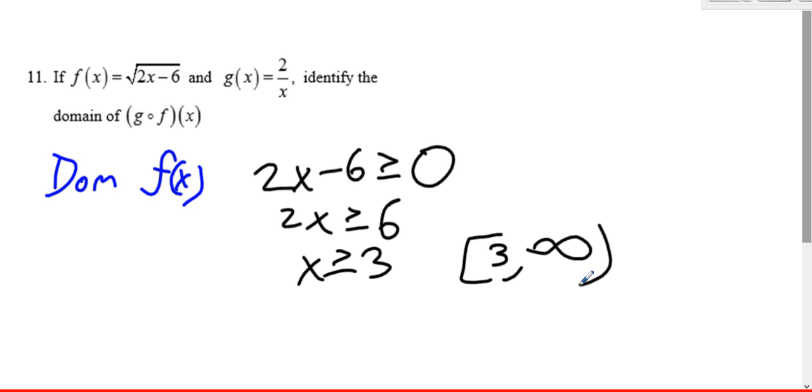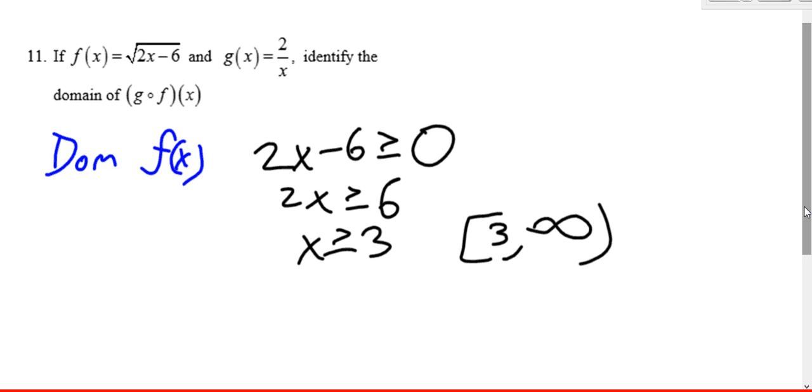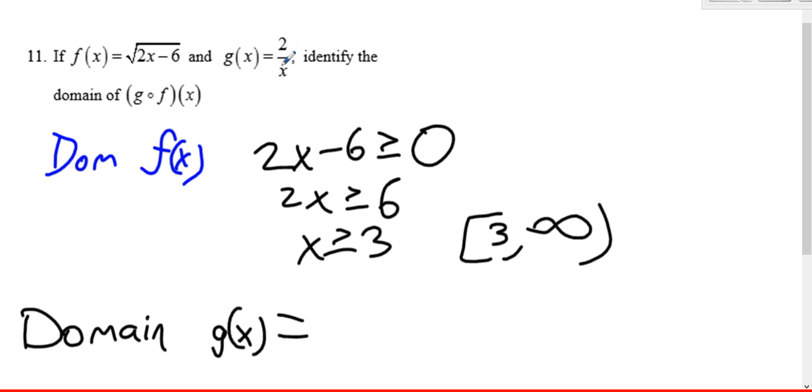We also need to look at the domain of g because we're going to take f and plug it into g. So what is not allowed for g? The domain of g: you're not allowed to divide by 0, so that means the denominator cannot be 0. x cannot equal 0.